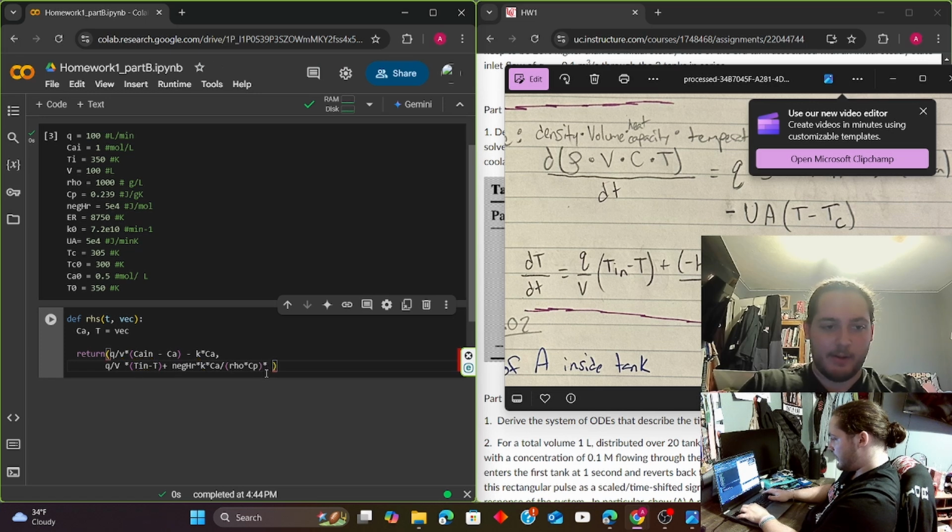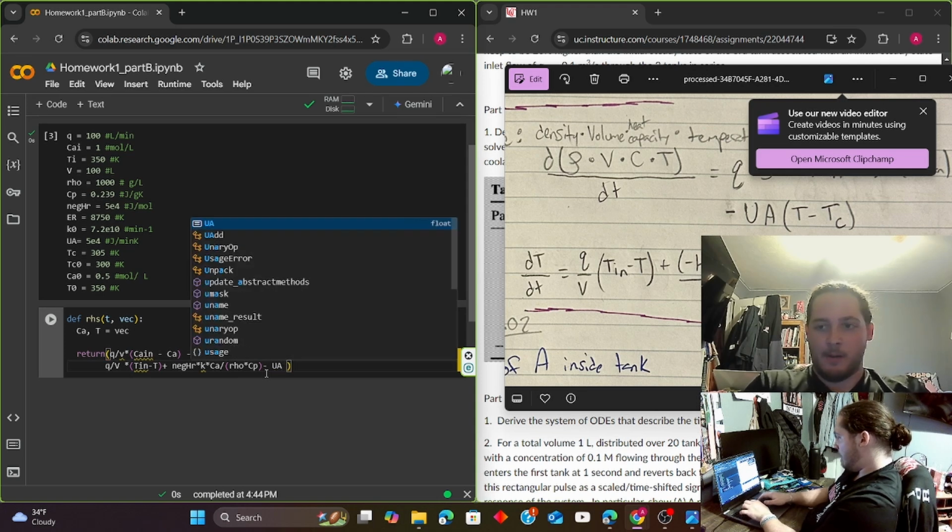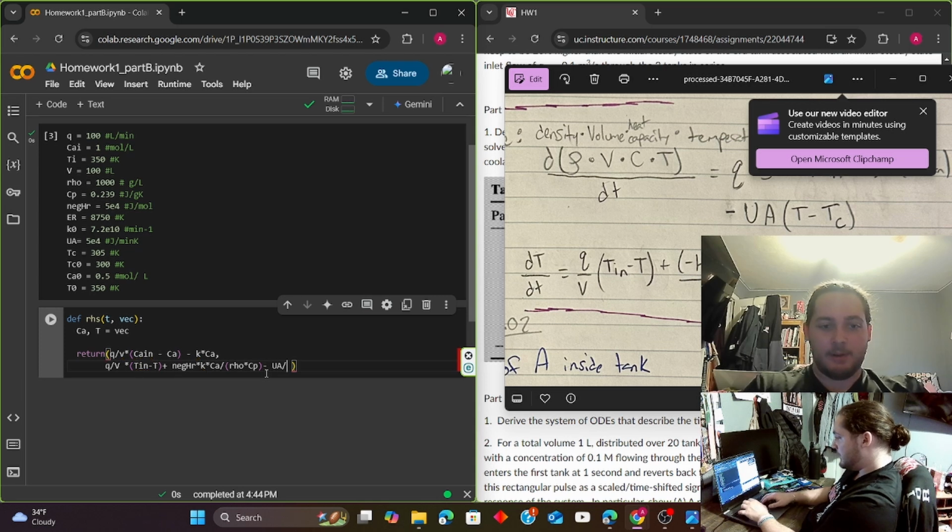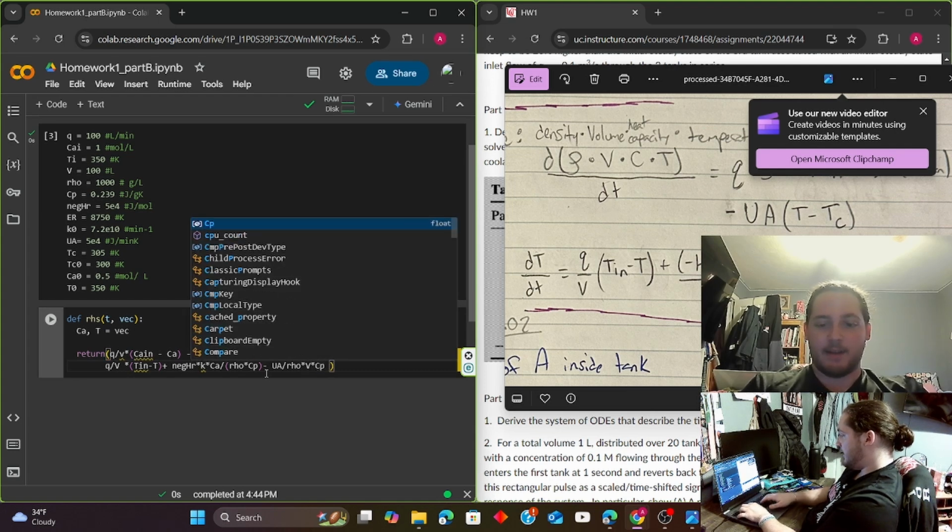And then we are subtracting our UA value, and then we'll be dividing that by rho times our volume times our specific heat capacity.